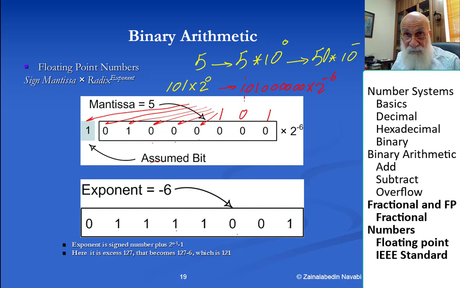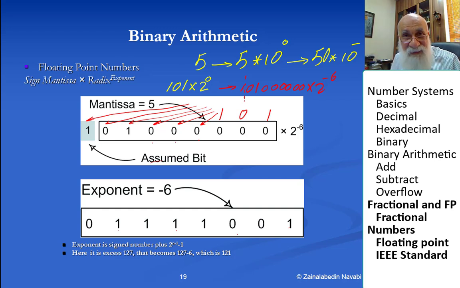Well, that's good. Now I have to represent the exponent. The exponent is always negative because I'm always shifting numbers to the left. It means that to compensate for shifting to the left, I have to have negative exponents, right? So the number is always a negative number.